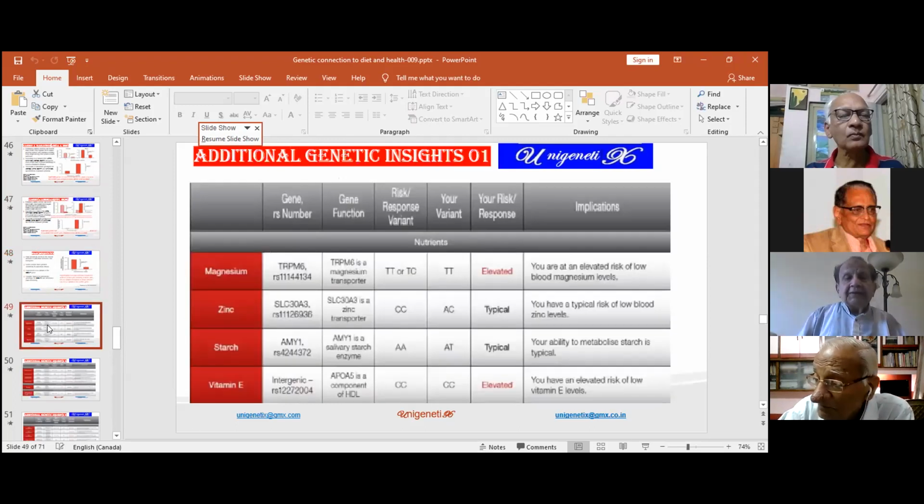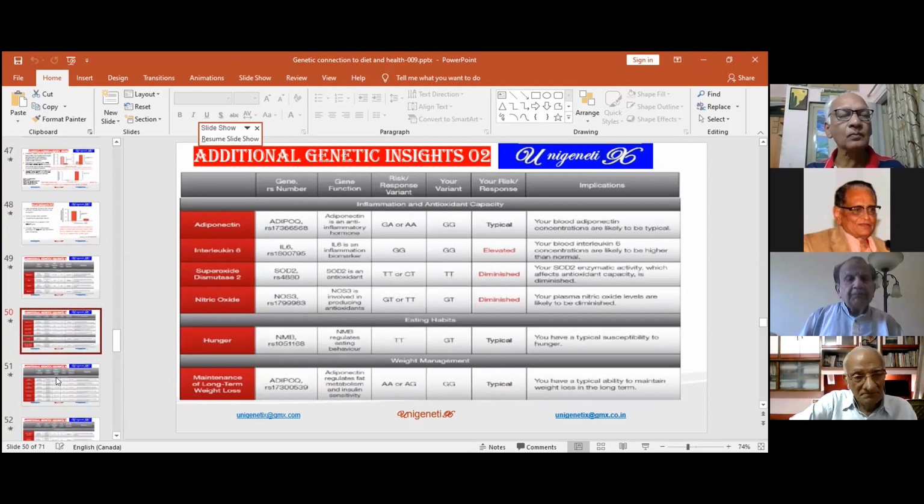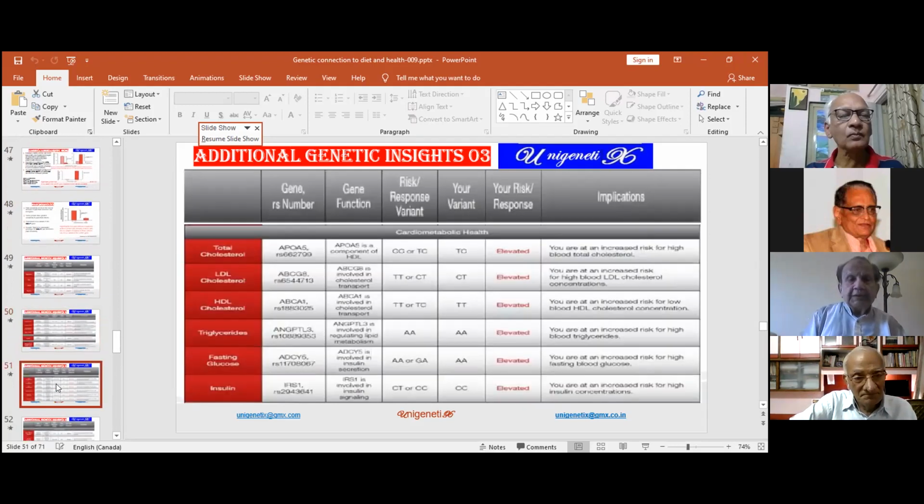Now, there are additional genetic insights which we are not going to go into. Magnesium, zinc, starch, vitamin E. Vitamin E already we talked about. Few more. Hunger. You can see there's a lot of them, which I'm not going to go into in detail.